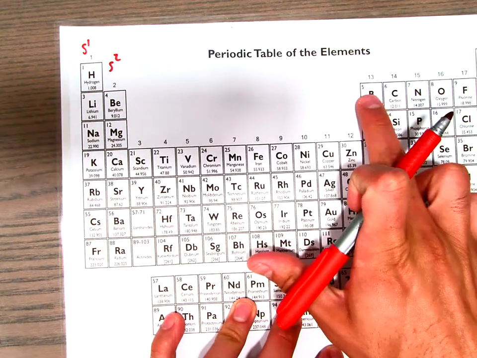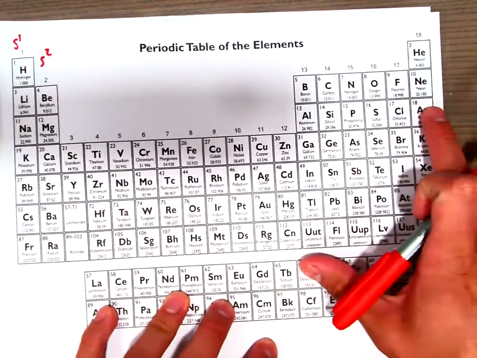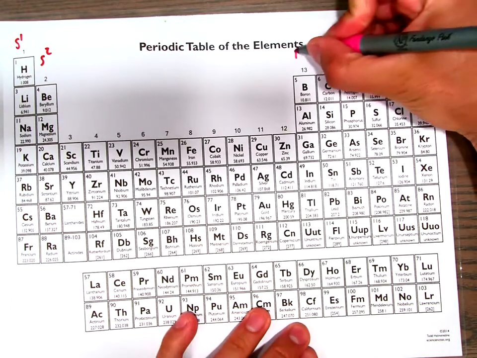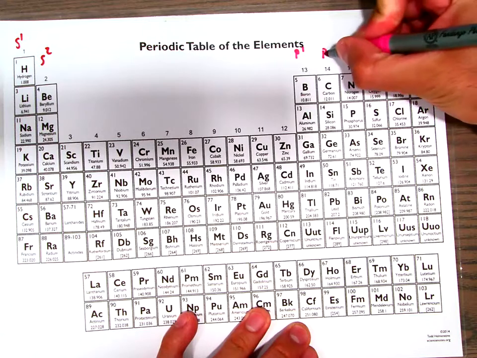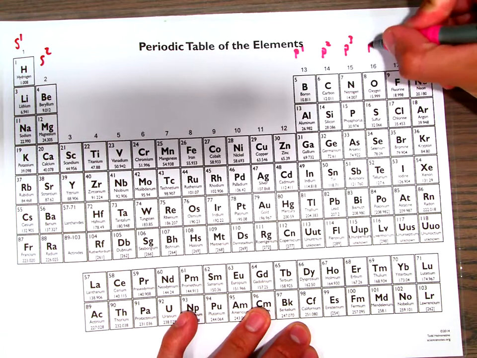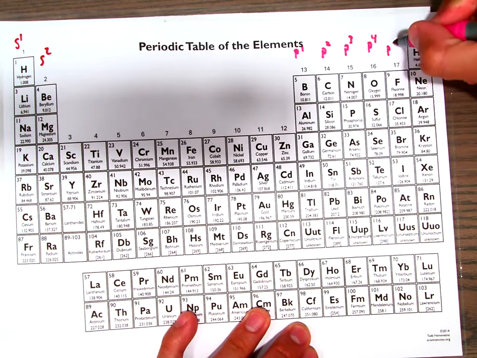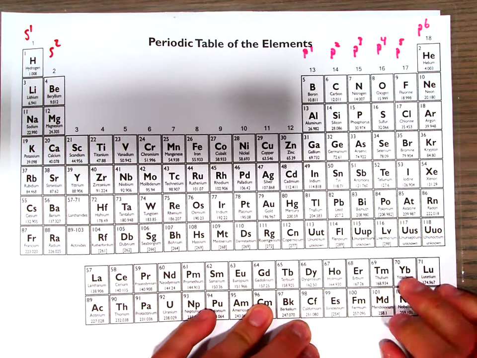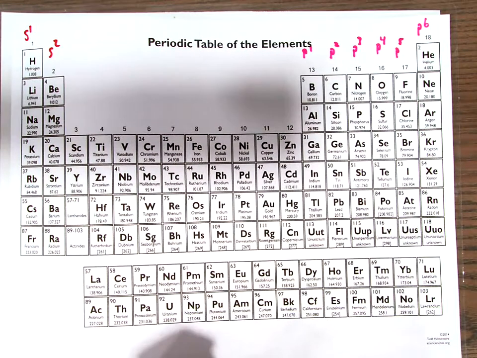Here we have the p orbitals. So everything in here would have p1. This would have p2. This would be in the p3 orbital, p4, p5, and last of all, p6. It's helpful to have this labeled on your periodic table.